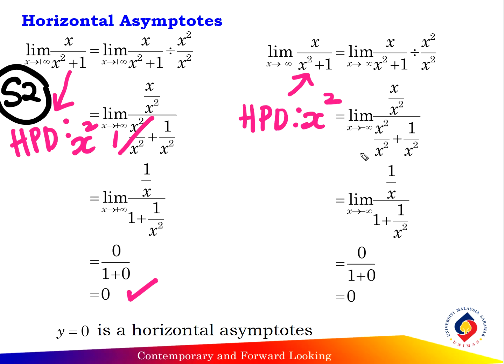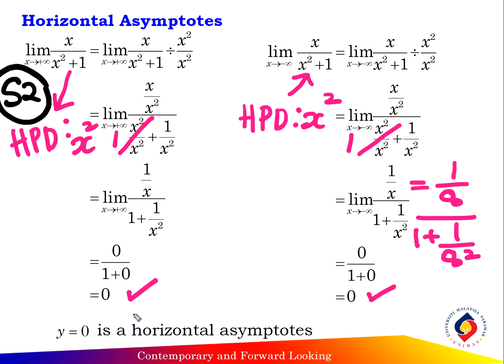You substitute infinity into the function: 1 over infinity in the numerator, and 1 plus 1 over infinity squared in the denominator. That is 0 over 1 plus 0, and the answer equals 0. So y equals 0 is a horizontal asymptote of the rational function.